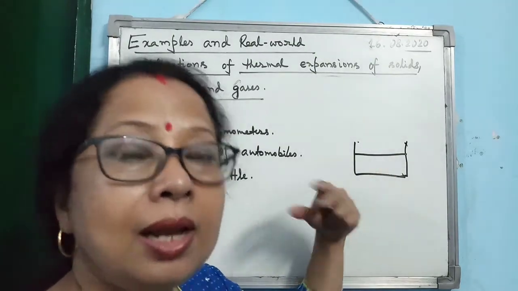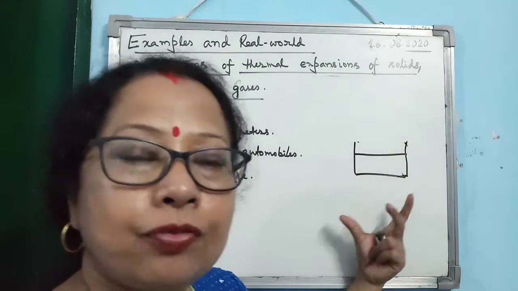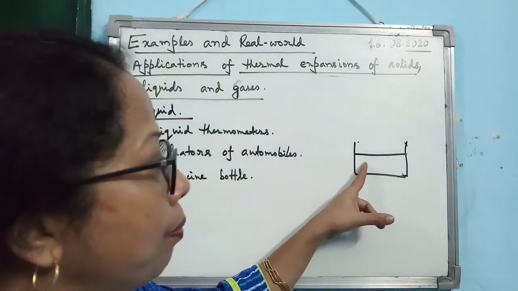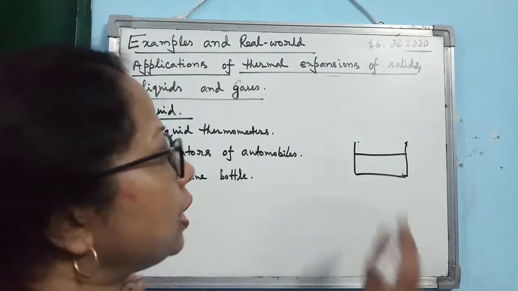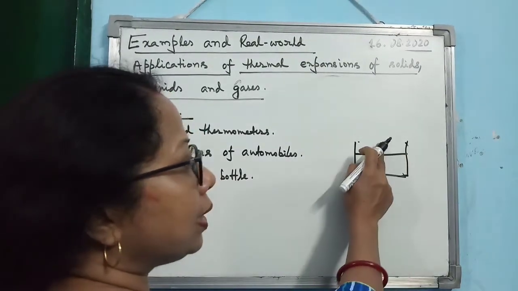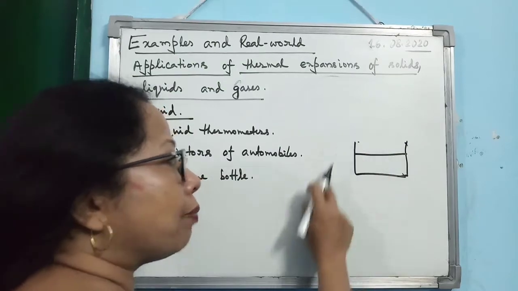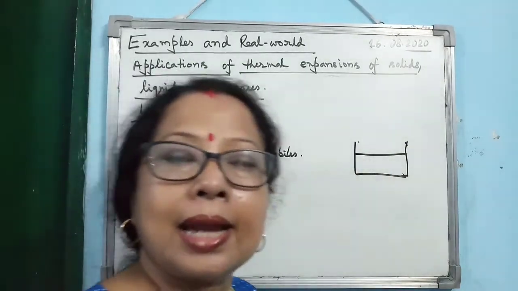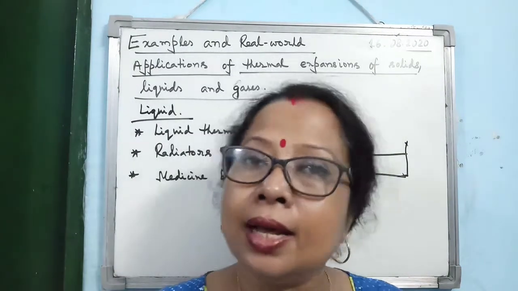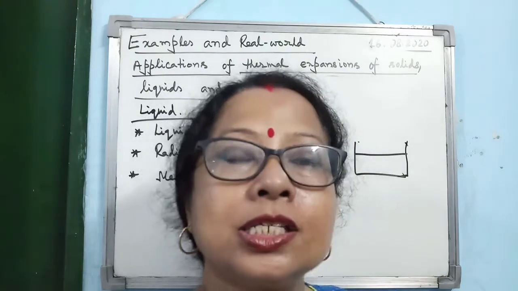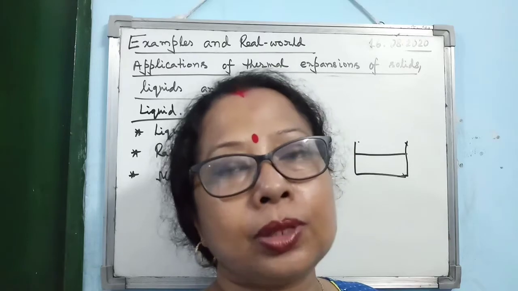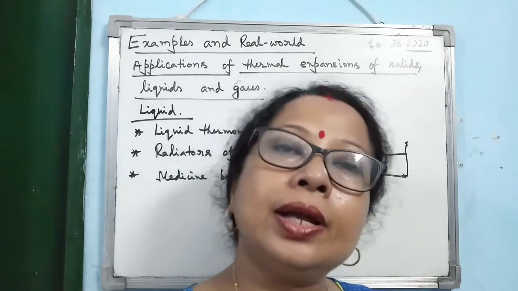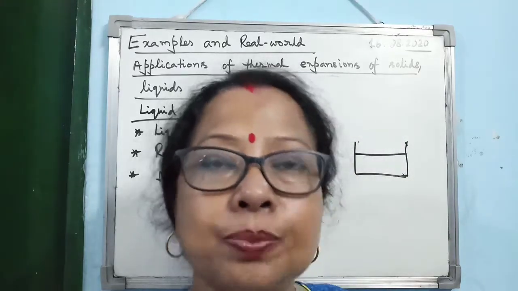When water evaporates, it absorbs the heat from the engine. But another thing will happen. When the water receives the heat, it will expand. So the space is left so that the water can expand and not come out of the radiator and cause damage to the engine. That's why water is never filled up to the topmost level of the radiator. Always a certain space is left.